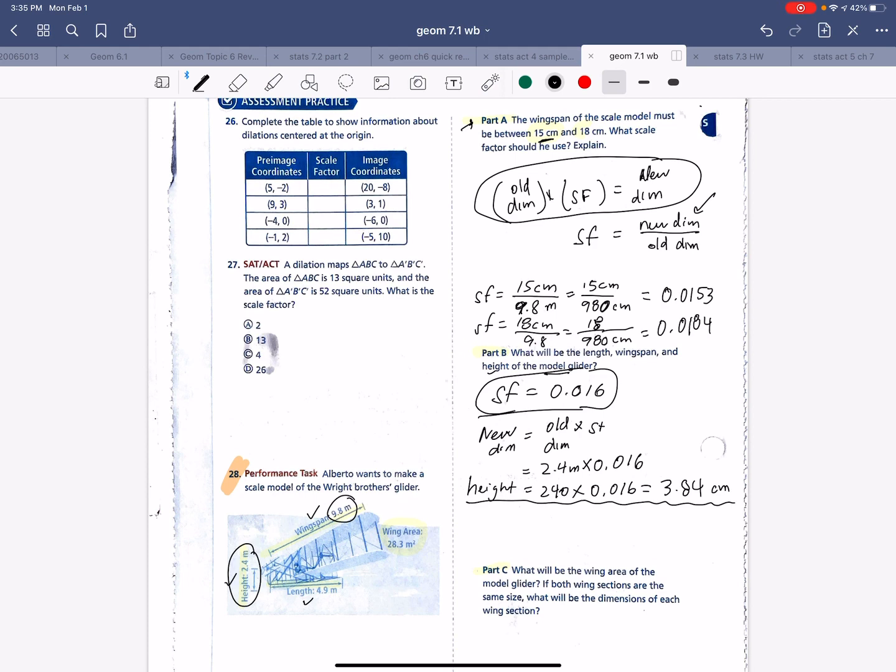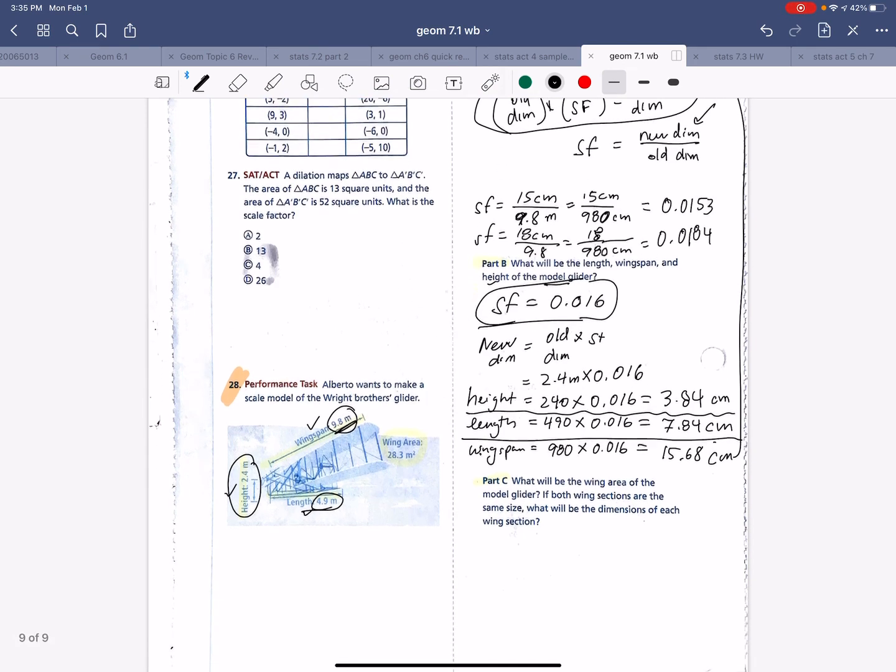And let's do length. My length before was 4.9, so I'm going to turn that into centimeters. And I have my wingspan, which is 9.8, so that's 980 times 0.016, which, notice, does fit between there.